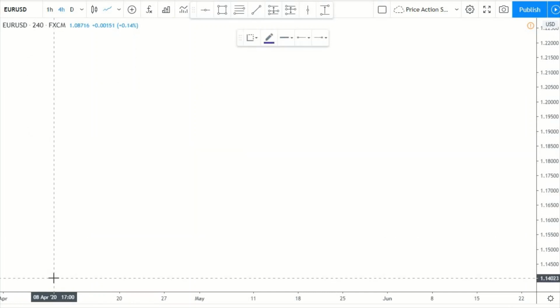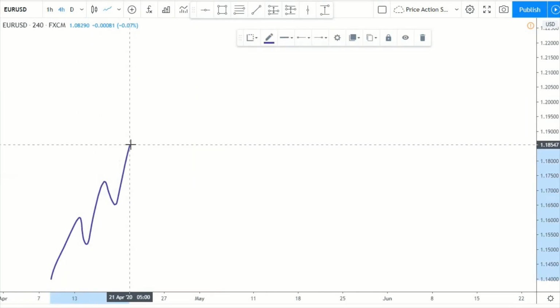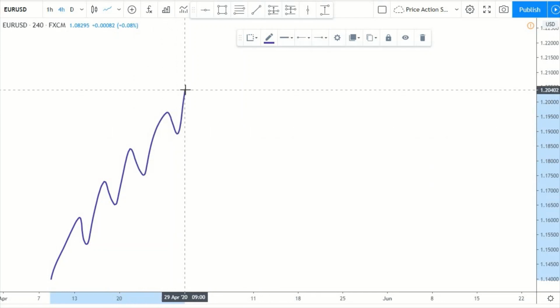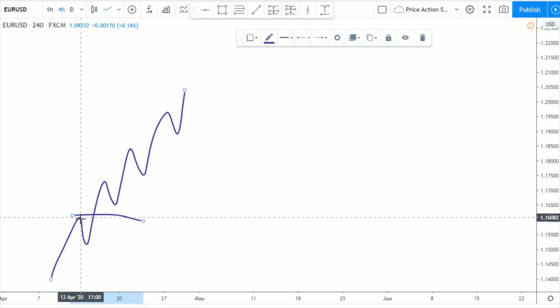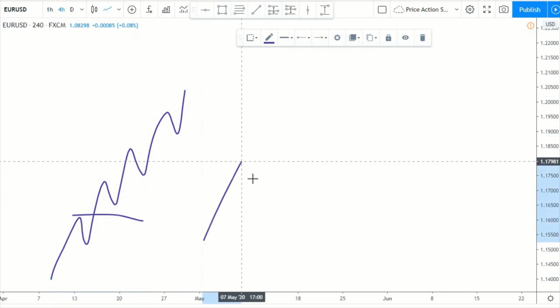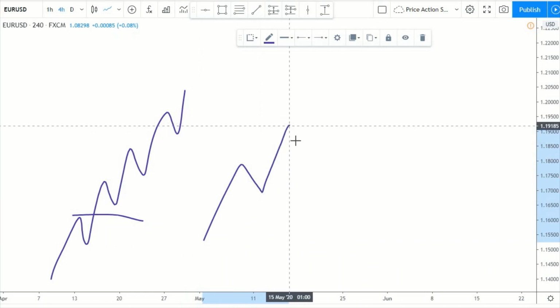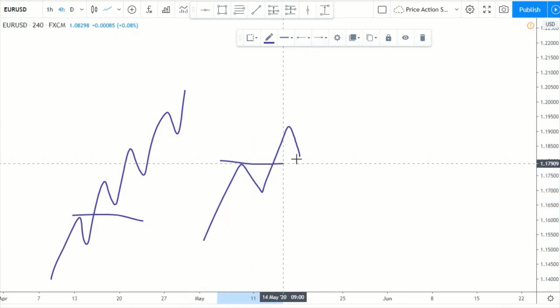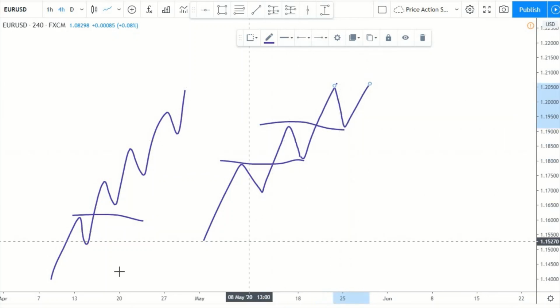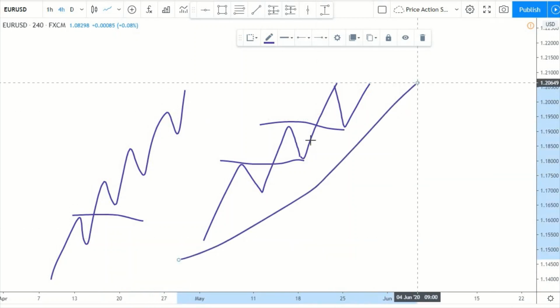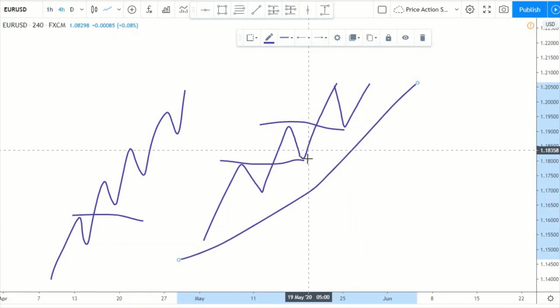In an uptrend we have higher highs going up, and you'll realize that the market most times will come back and retest the previous broken resistance, now support, and continue. So it will go like this, come back, 1 2 3, retest, continue, retest, continue upwards. And this is how you would identify the support and resistance zone.